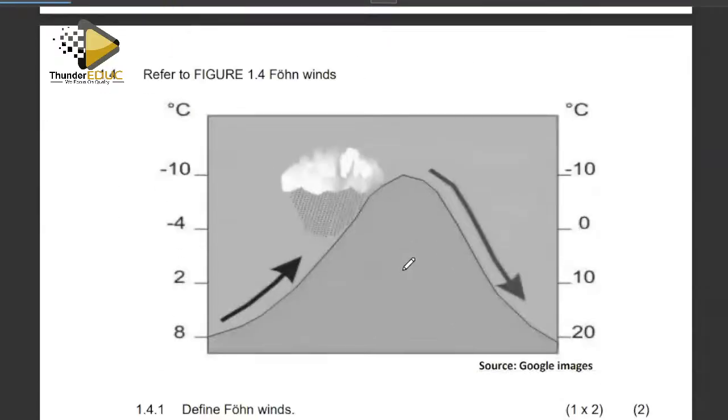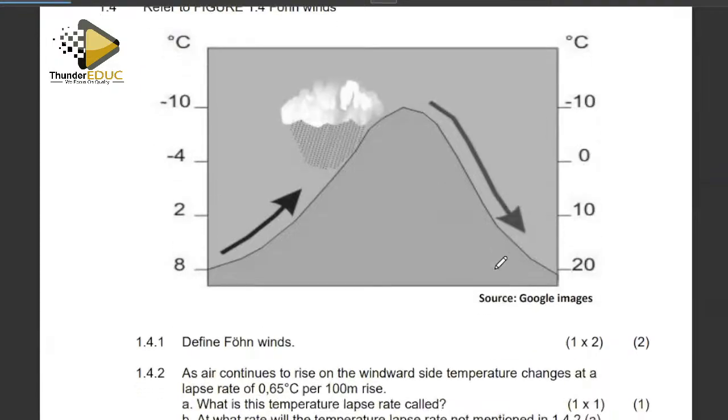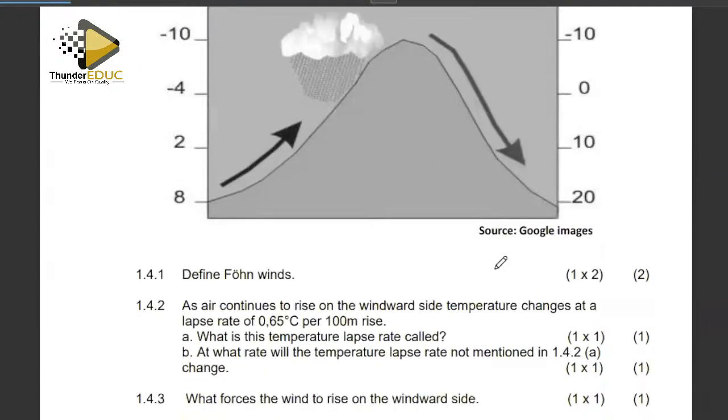Right. Refer to figure 1.4, which shows Föhn winds. Define Föhn winds. Right. When I'm defining this, we must address the basics. Like, what kind of a wind is it? It's a hot, dry wind. And remember, this is a hot, dry wind, which is also regional. Which areas does it affect? It affects Central Europe.